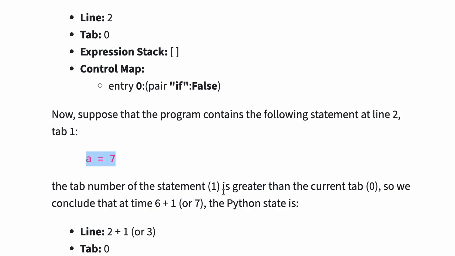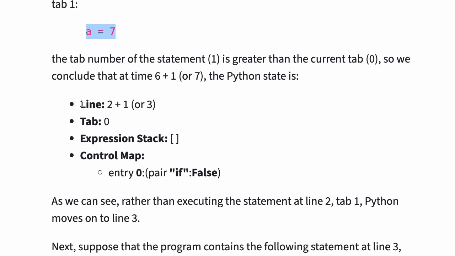So we conclude that at time 6 plus 1, or 7, the Python state is now as follows. Line is 2 plus 1, or 3, tab is 0, the expression stack is empty, and the control map has one entry, 0, and pair if false. As we can see, rather than executing the statement at line 2, tab 1, Python moves on to line 3.